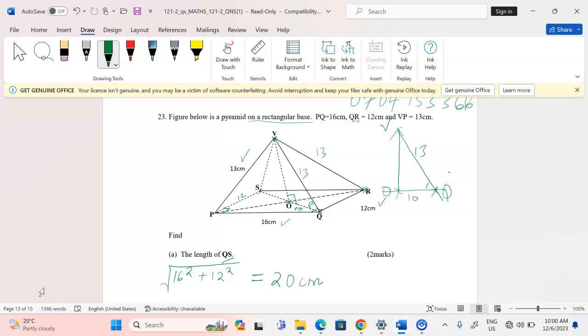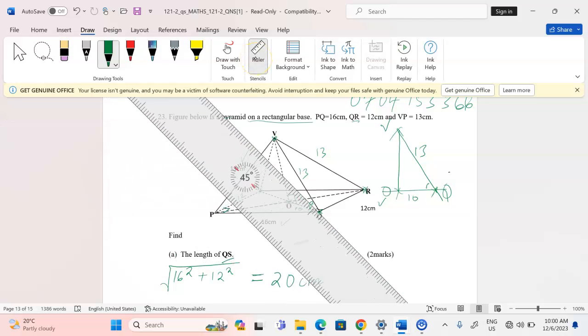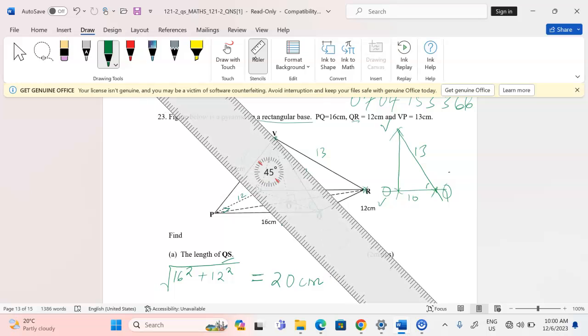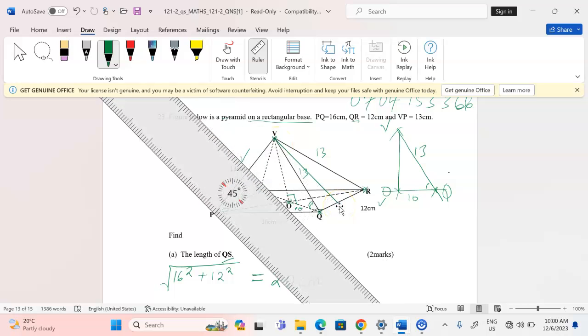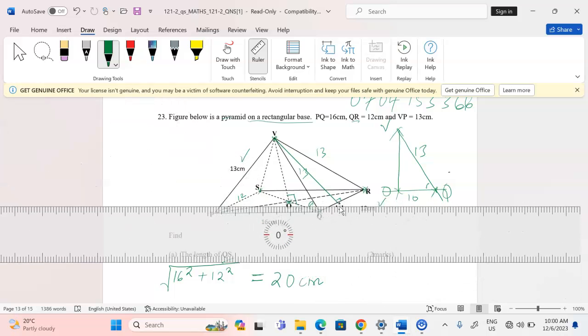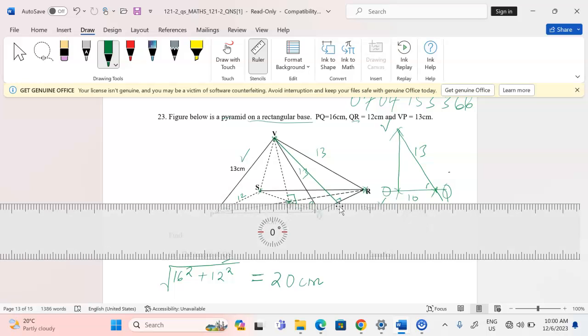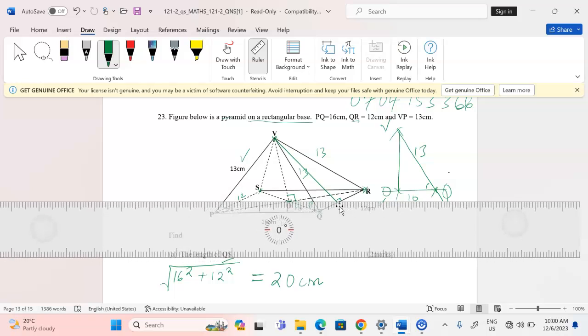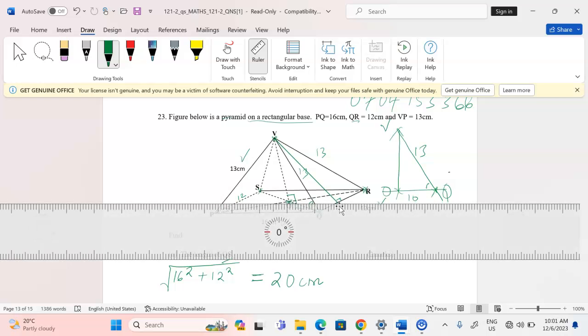When two planes meet to make an angle, the angle between them is the angle between a line through the center of one plane, VQR, and a line through the center of the other plane, which is the base.